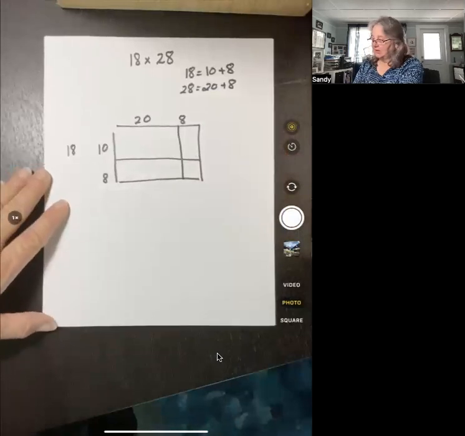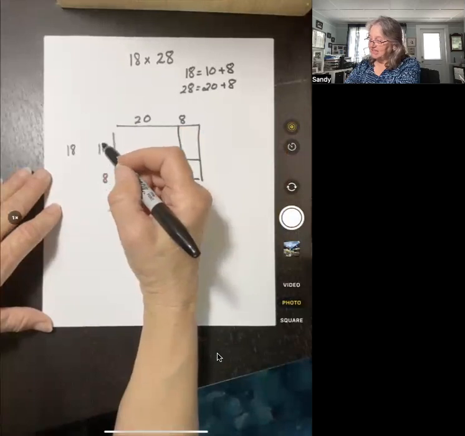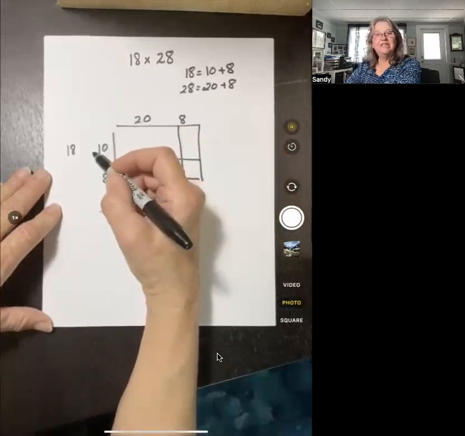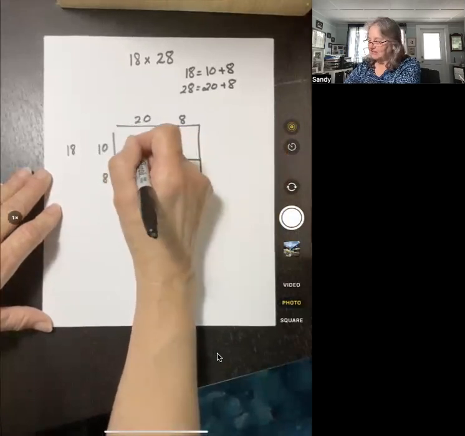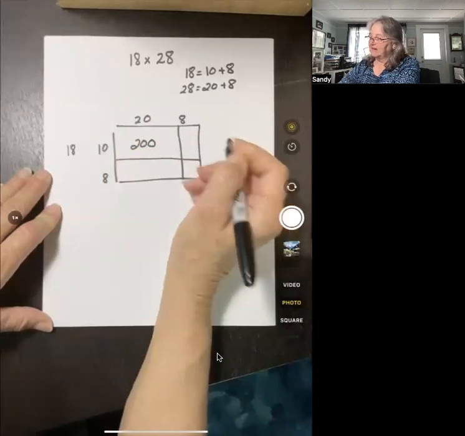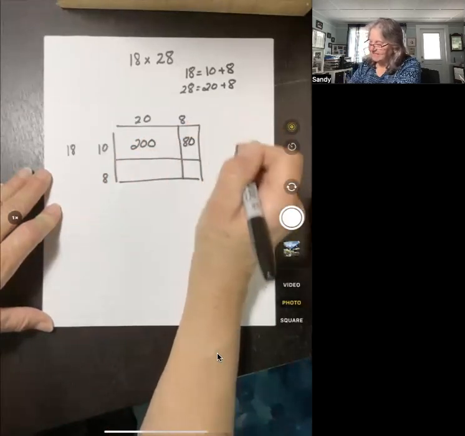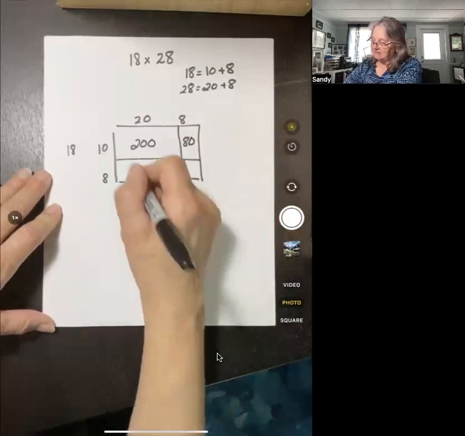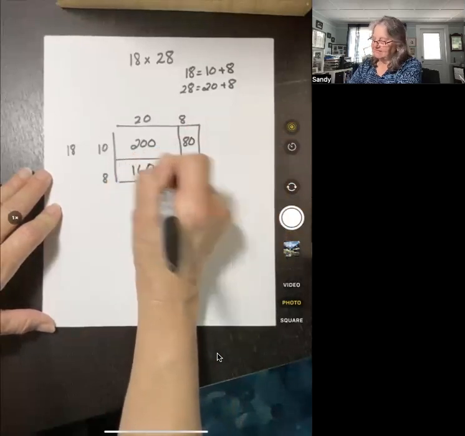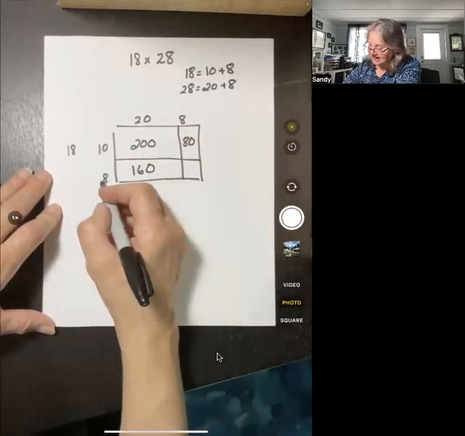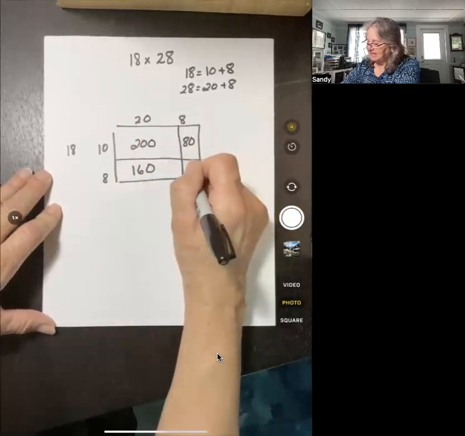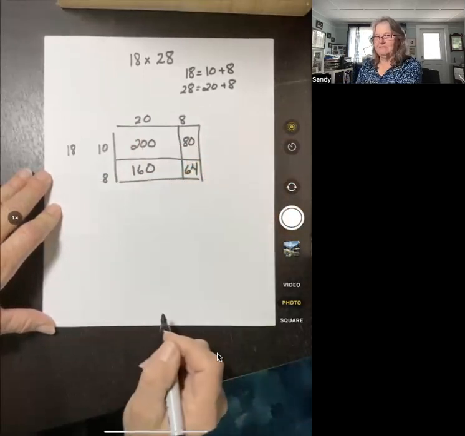That's fine. But now you see, I know what 10 times 20 is if I know what 1 times 2 is, right? I've got 200. I've got 80. 10 eights, or 8 10s. I've got 160. 8 20s, right? This is an 8 by 20. And an 8 by 8 is 64.